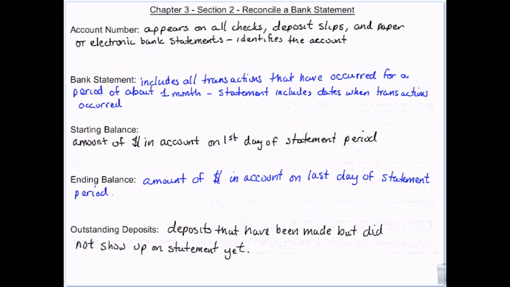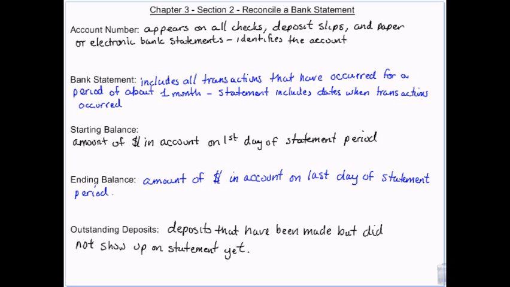Your account number is more important than your name, and the reason is that there could be more than one person at that bank with an account that has your name. Now, if you have a really unusual name, that's not necessarily the case, but if your name is Joe Smith or something common, there could be several people at the bank with your name.